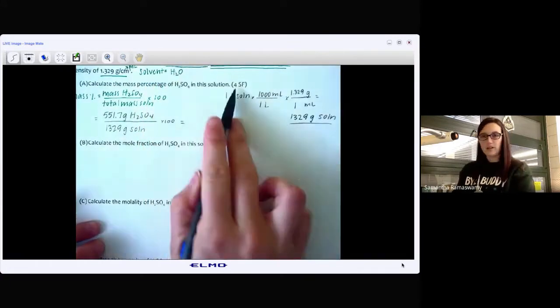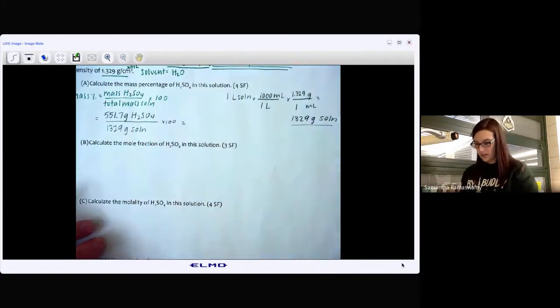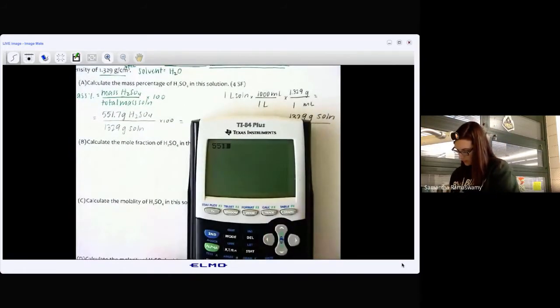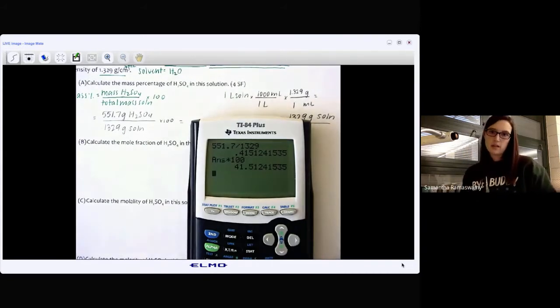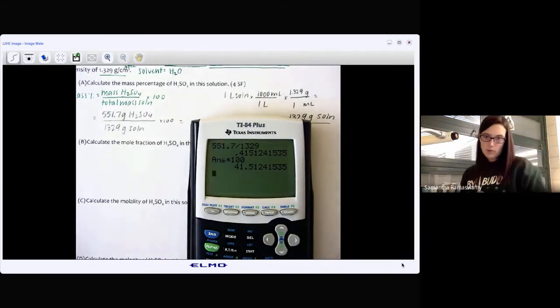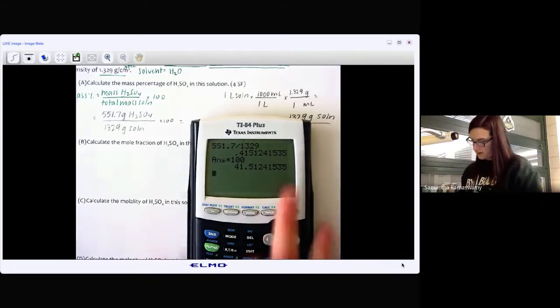I put in parentheses how many sig figs we need to round our answer to. 551.7 divided by 1,329. Don't forget to multiply by 100 because it's a percent. So 4 sig figs, 41.51%.